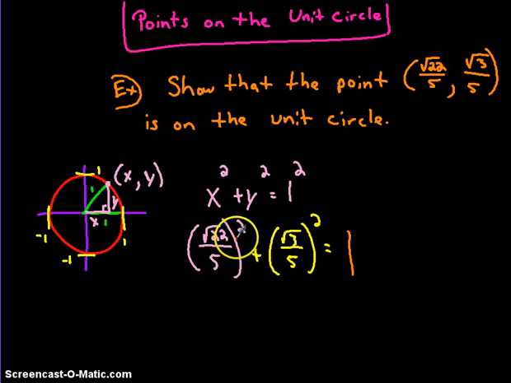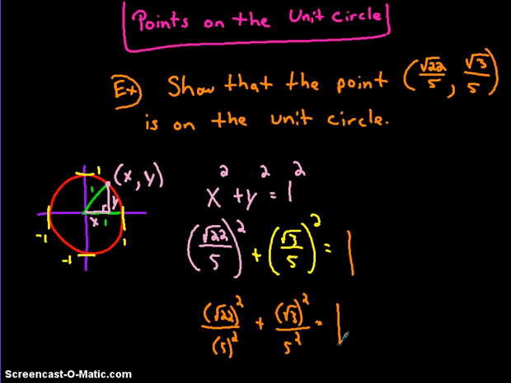So when you square a fraction, you really wind up squaring the top and squaring the bottom. So when you square that, that's going to be the square root of 22 squared over 5 squared, plus the square root of 3 squared over 5 squared. It's going to equal 1.